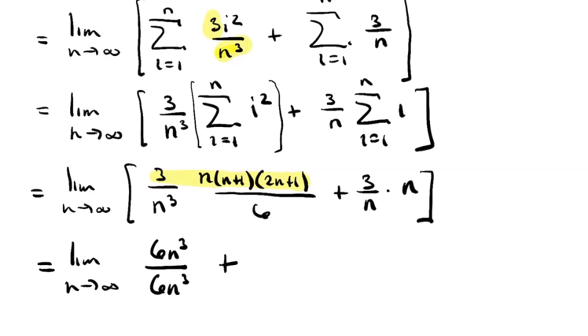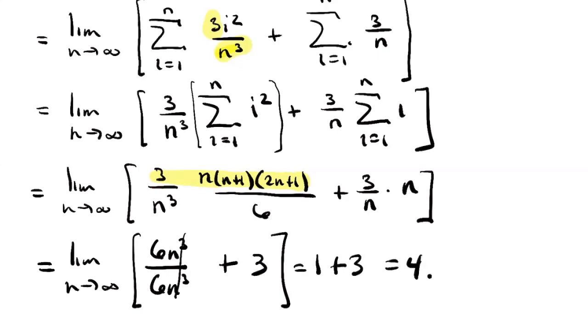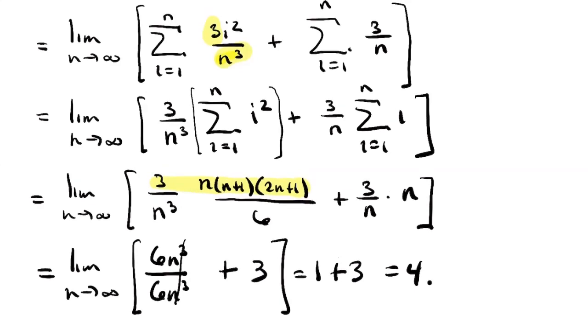Likewise, over here, 3 over n times n is 3, right? The n cubes cancel, so that limit is 1 plus 3, or 4. We're going to do stuff like that a lot in section 5.1, but here I was doing it just to illustrate properties of summations. So thanks for listening.